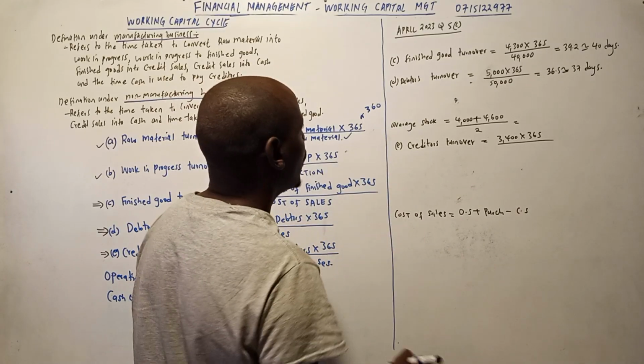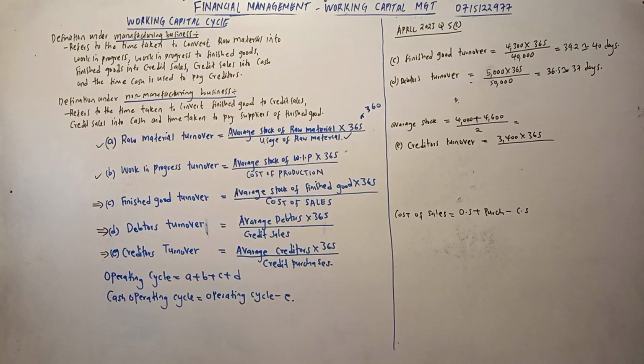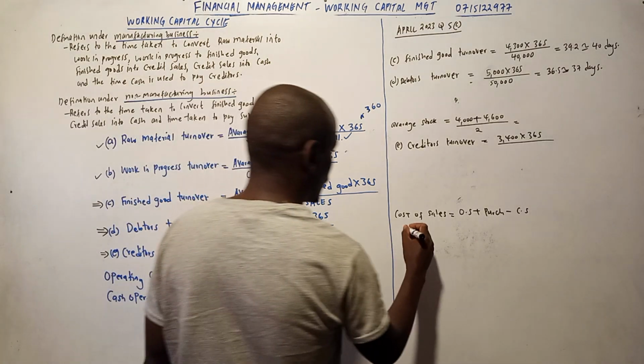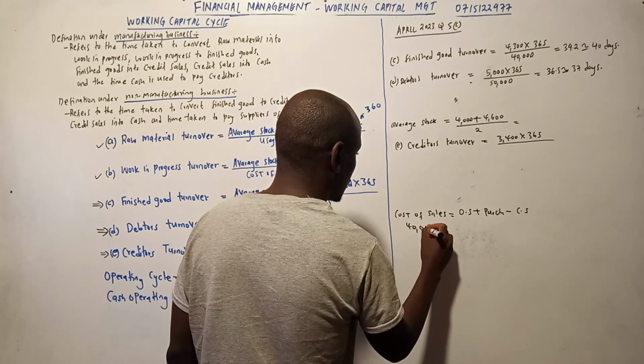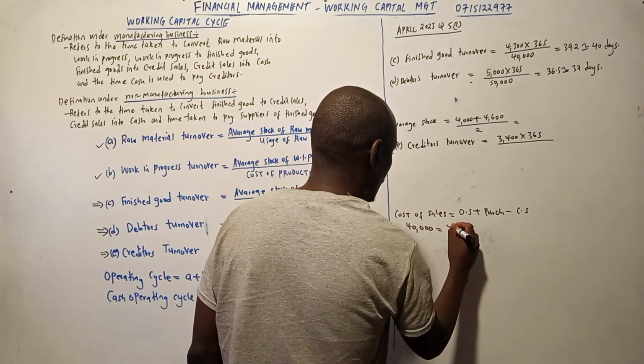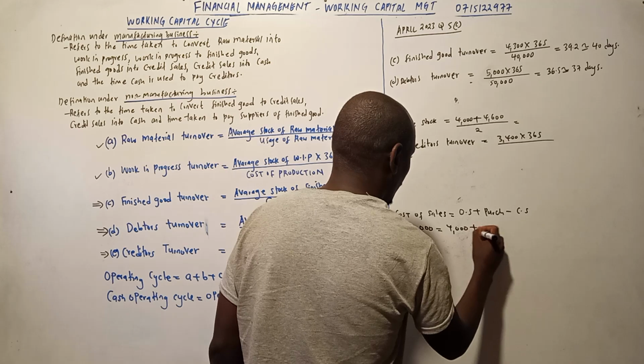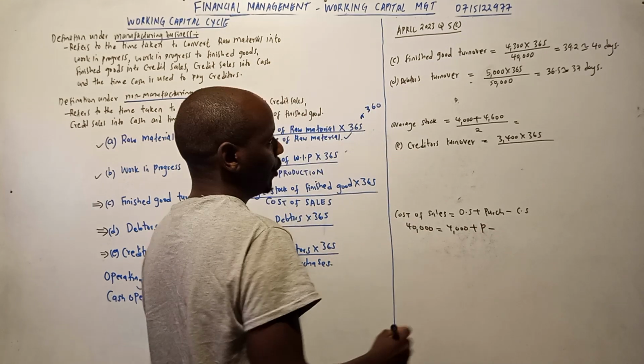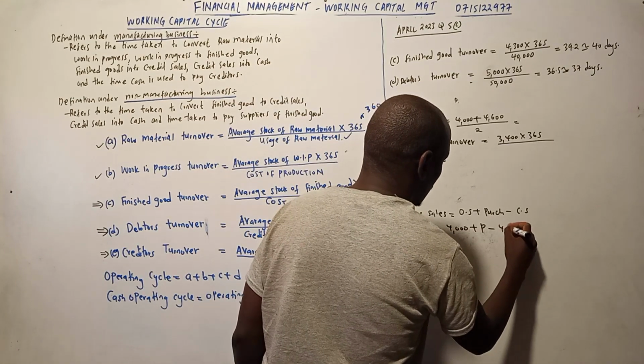We have the cost of sales, which is 40,000. The opening stock was 4,000, and the closing stock is 4,600. We need the purchases.